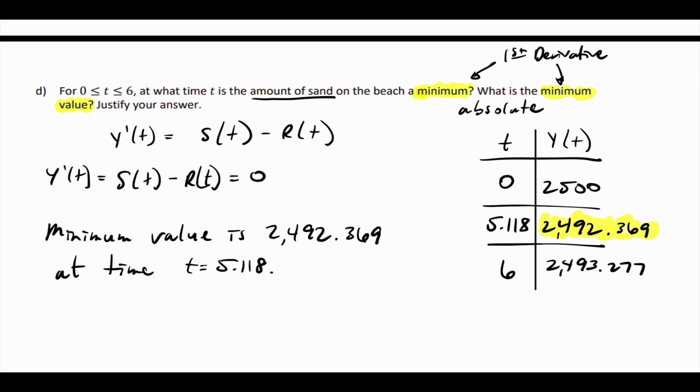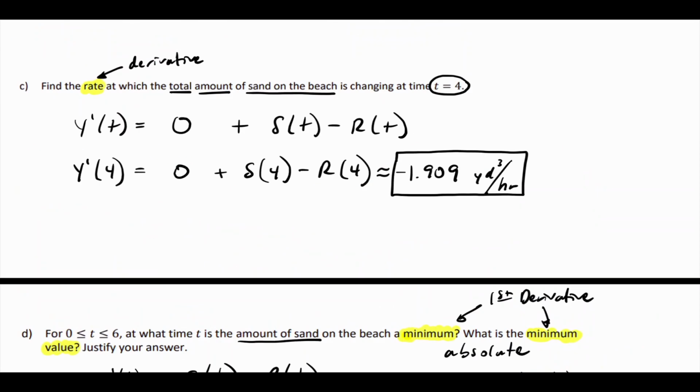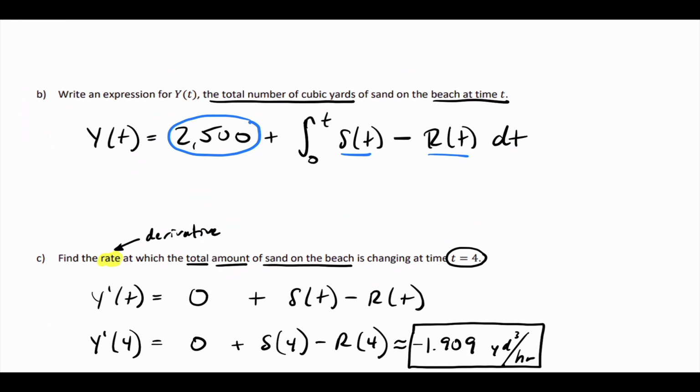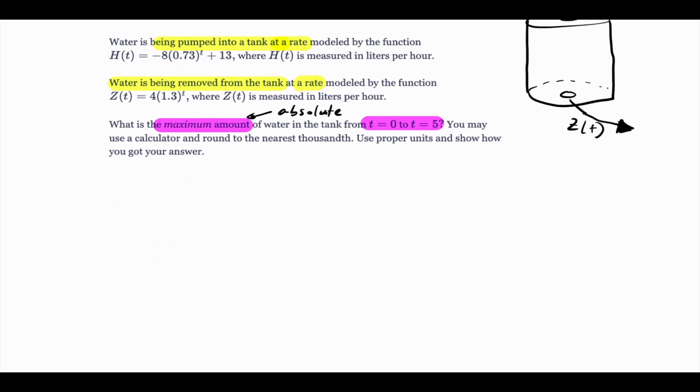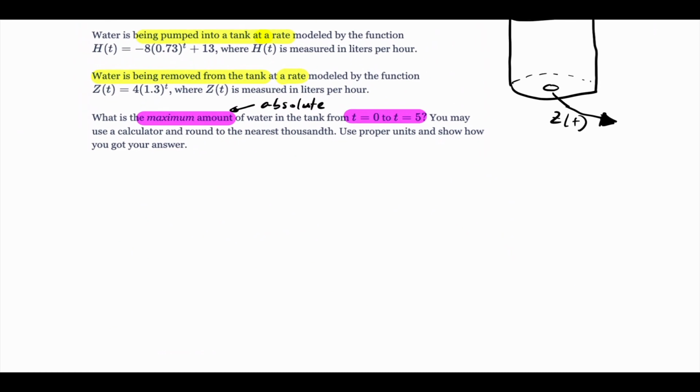To do that, you need the total amount, which was part B. So we need to find y of t, the total amount of water in the tank at a given time. That's the first thing we need to do.